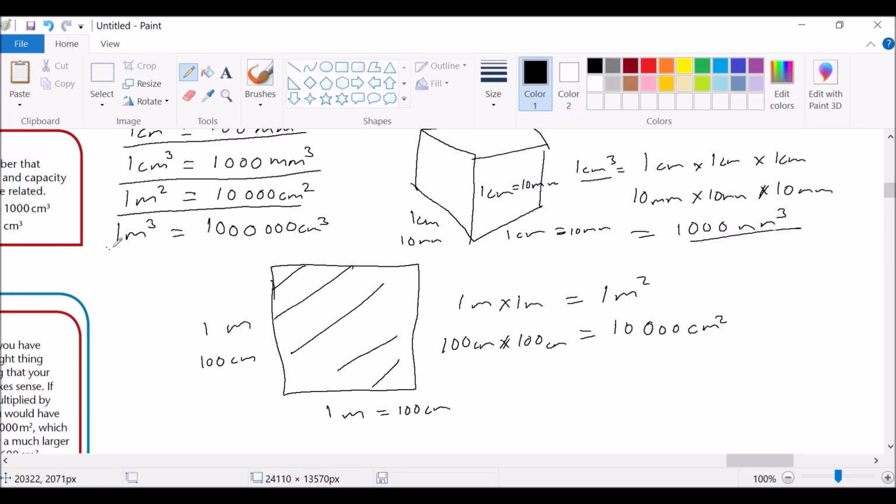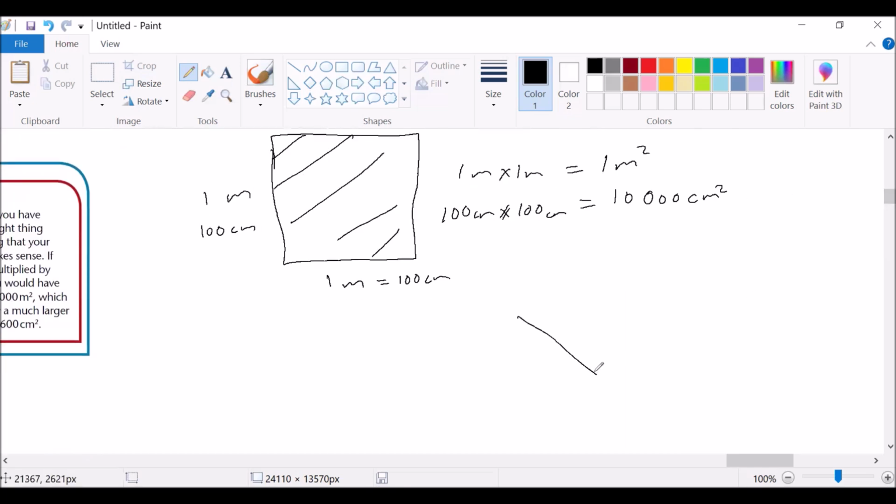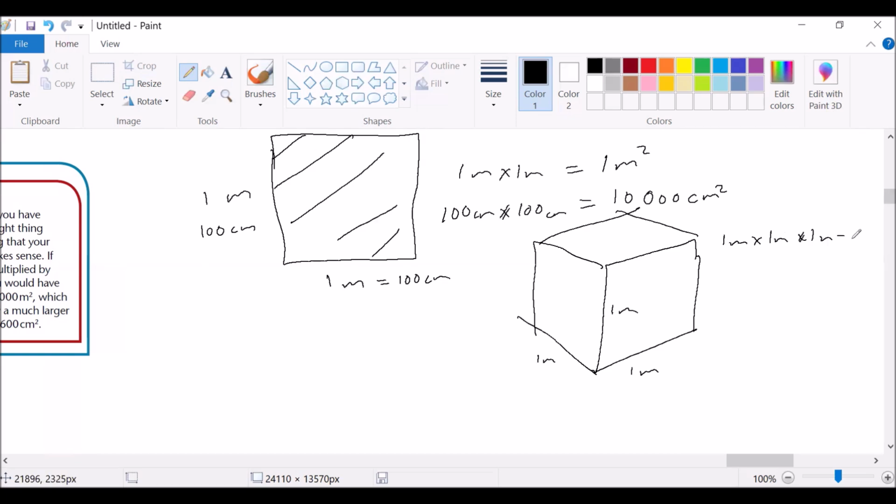For conversion from cubic meters to cubic centimeters, we can have a cube that has sides 1 meter by 1 meter by 1 meter. Now, if we say 1 meter by 1 meter by 1 meter to get the volume, we get 1 cubic meter. But 1 meter is the same as 100 centimeters.